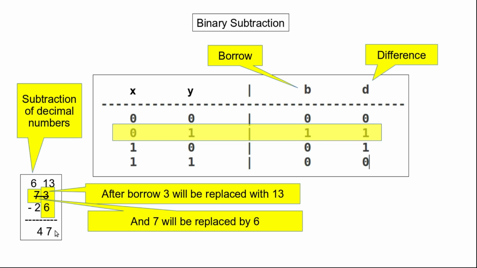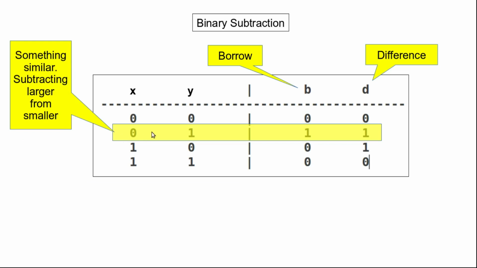So this is how we do subtraction in the decimal number system, and whenever we subtract a larger number from a smaller number, we will need to borrow, and when we borrow, we saw that 3 gets replaced by 13 and 7 gets replaced by 7 minus 1, which is 6.